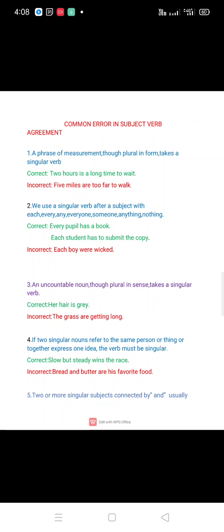Okay, and in the incorrect sentence, each boy were kicked, here were verb, that means plural verb is used here, and that's why it is incorrect.